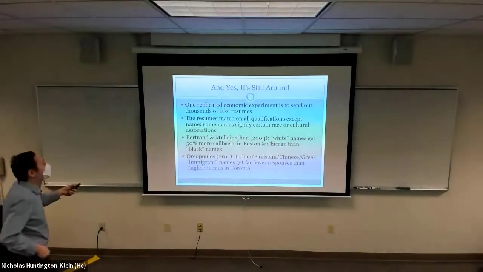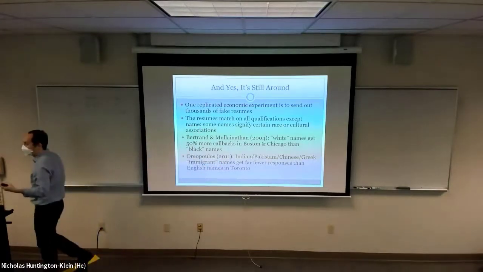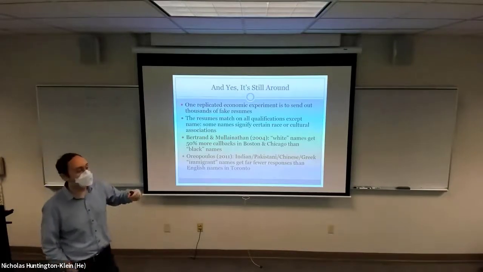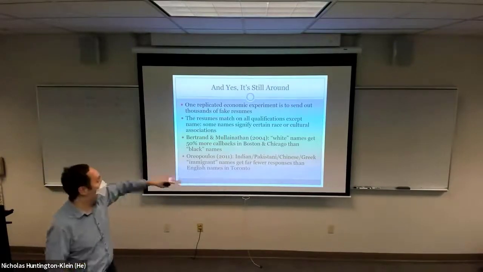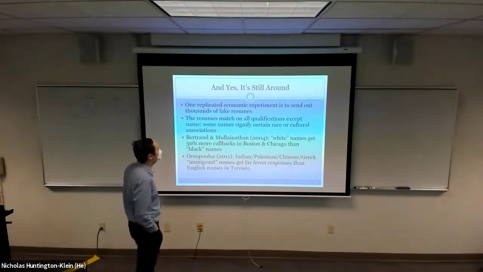I mentioned the graph earlier with the study that sends out fake resumes, and it randomly assigns a bunch of attributes on a resume so that they're all the same resume on average. Then it just varies the name that's on there, so you can see how employers respond to different kinds of names that they see.